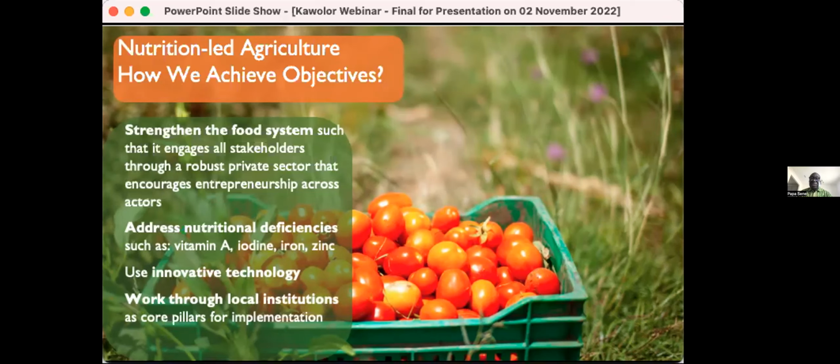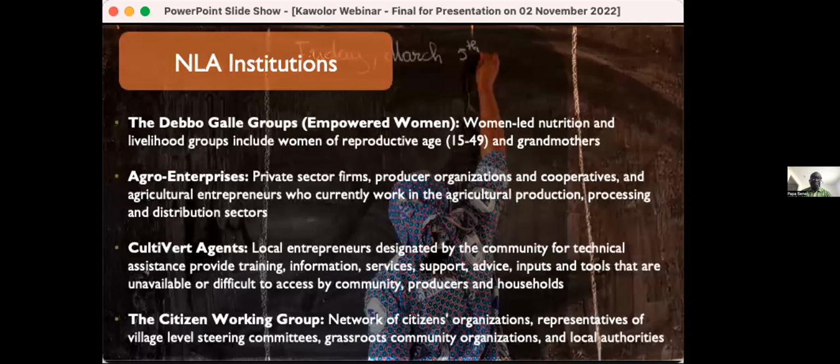The last point on how we operate is we work through local institutions as co-pillar, and these institutions are on the next slide, please. Who are those institutions? First and foremost, the group that we call Empowered Women.